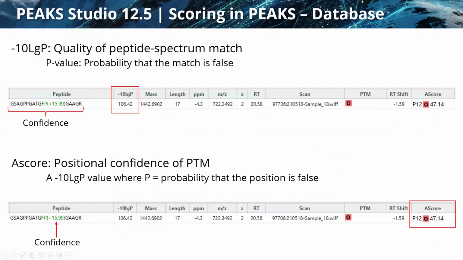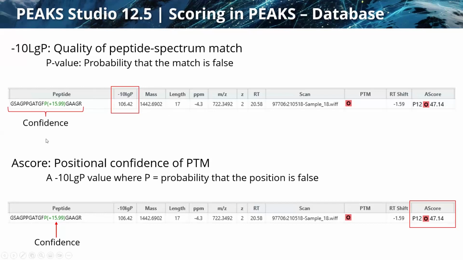The p-value can essentially be read as the probability that the match is false. Many attributes go into this score, such as the precursor mass error, the fragmentation that's present, the length of the peptide, similarity to the de novo sequence, etc. And then -10 log P flips it just to make it a little bit easier to read rather than a very small p-value.